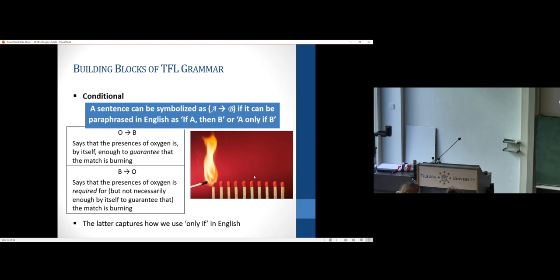So this can be paraphrased as if B, then A. Willensvee wins if the striker scores. That's another way to say if the striker scores, then Willensvee will win. So again, three different English structures.